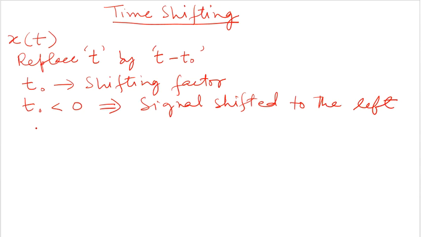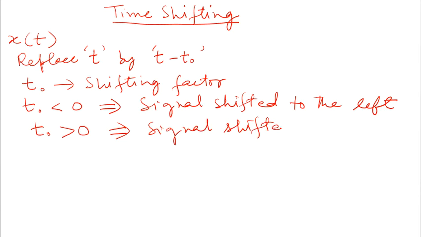Whereas if t naught is greater than 0, that means the signal is shifted to its right side. So whether the signal is shifted towards the right or the left is decided by the value of t naught.